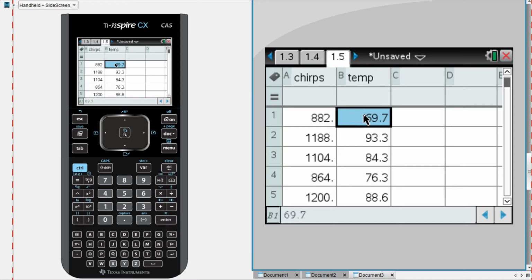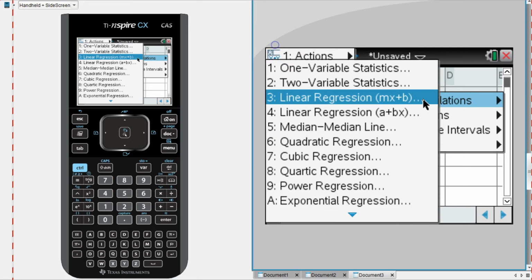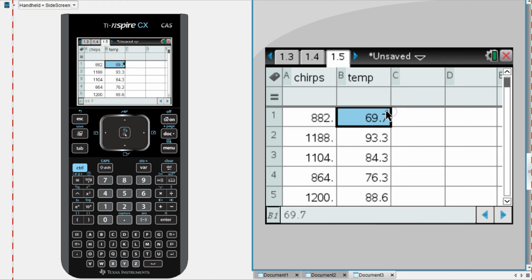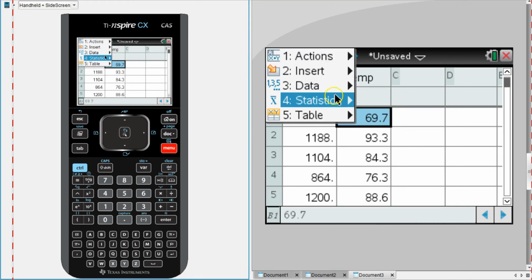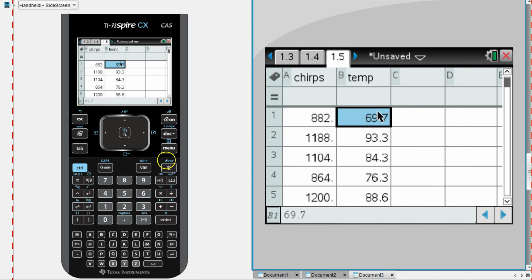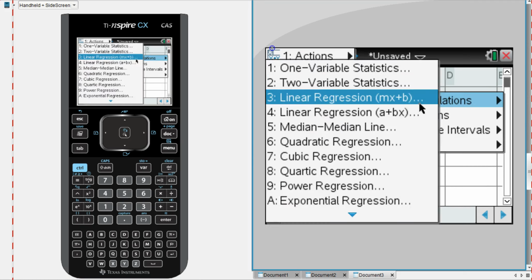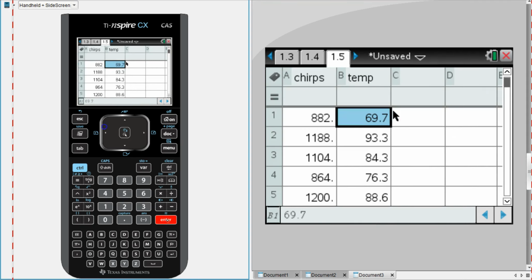How do I get the linear regression equation? Menu, statistics, calculations. There it is, linear regression. We're going to use A plus BX. Okay, this is going to be a pain for me. Let's try hitting enter.